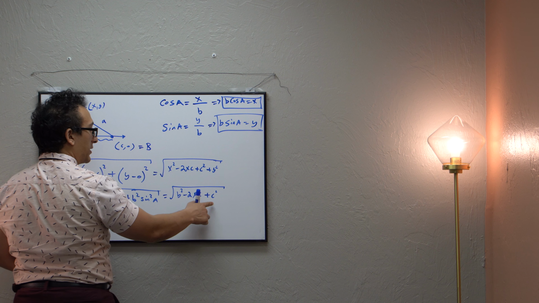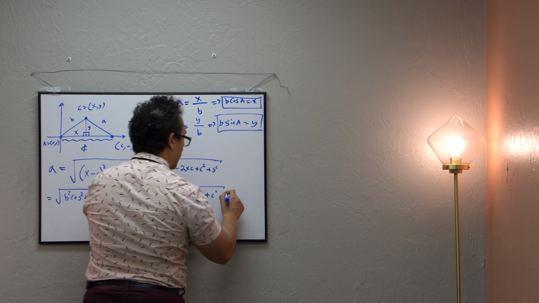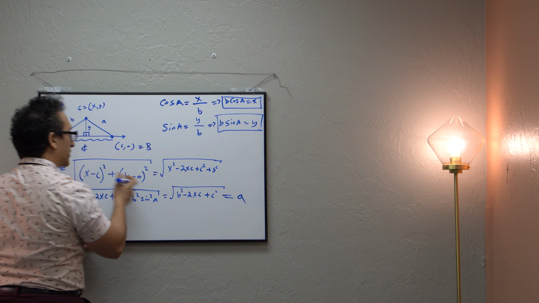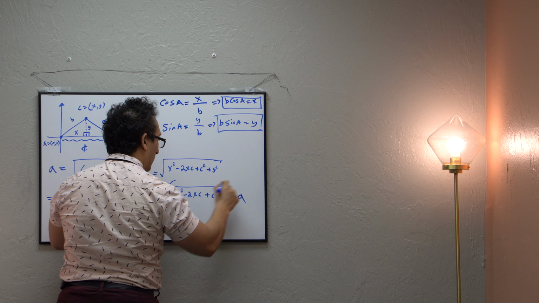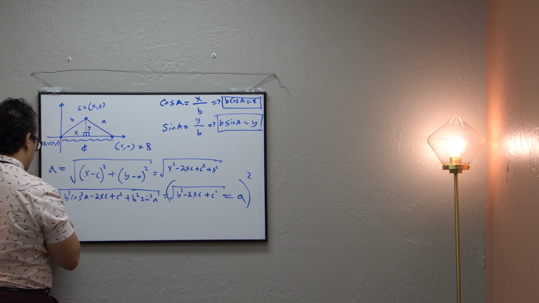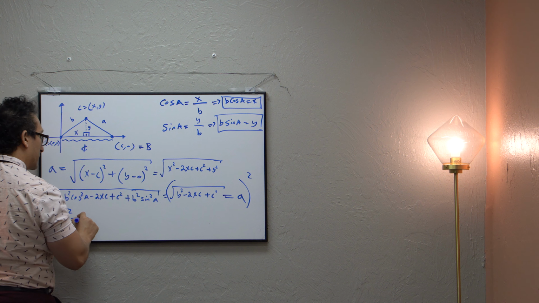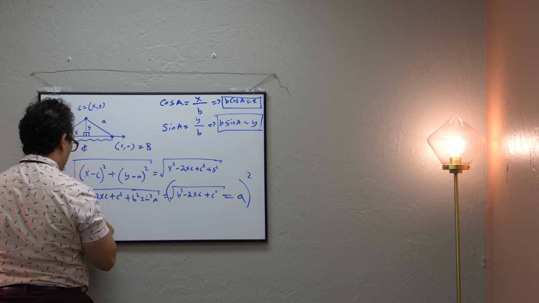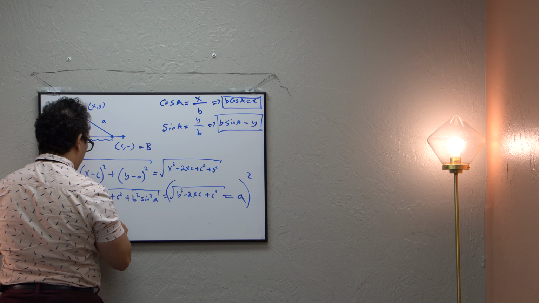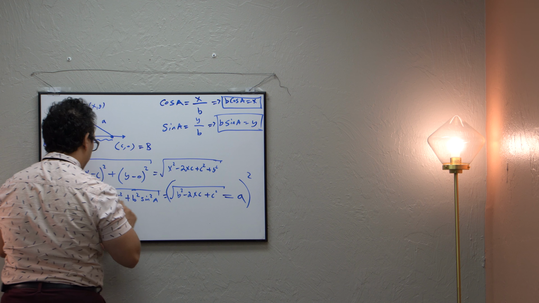Okay, so this right here, notice that this was always equal to a. We go up the chain of equations and over here it equals a. So notice what happens when I square both sides. The radical disappears, and then I'll get a squared is equal to what is inside the radical, b squared plus c squared minus 2xc.